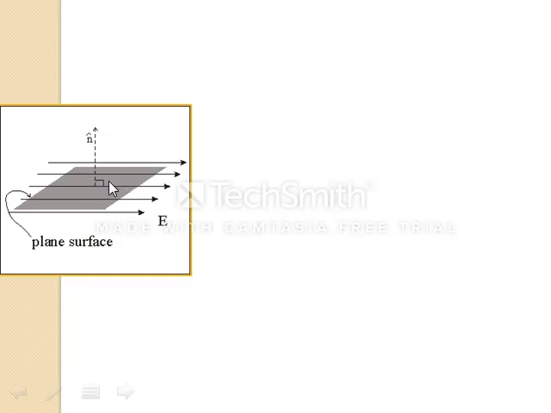So theta is 90. Now we'll use the formula for flux. Phi is ES cos theta. Cos 90 gives you 0. Electric field is perpendicular to the normal to the surface, theta 90. So the flux phi, ES cos 90, becomes 0.